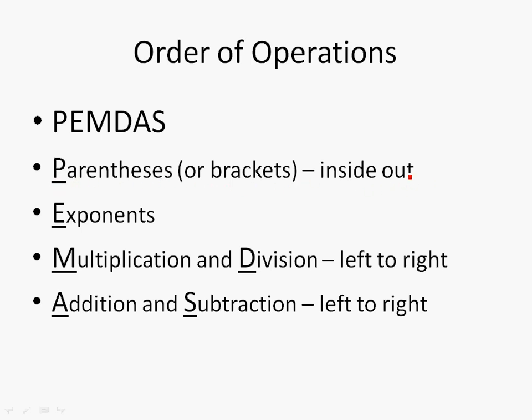Those come first, and you always work them inside out, then exponents, then multiplication and division. Notice I put them both on the same line. The reason is multiplication and division are pretty much the same thing, and they always have the same priority. So you may sometimes divide before you multiply, so you always work those left to right.